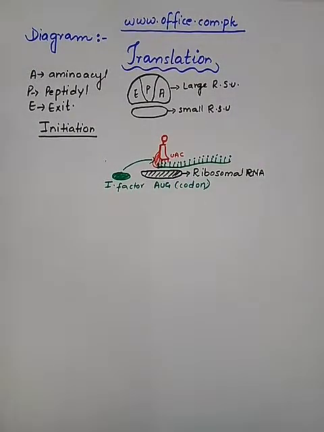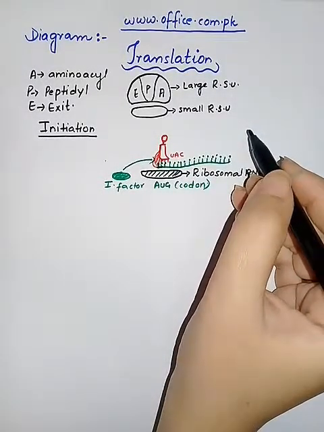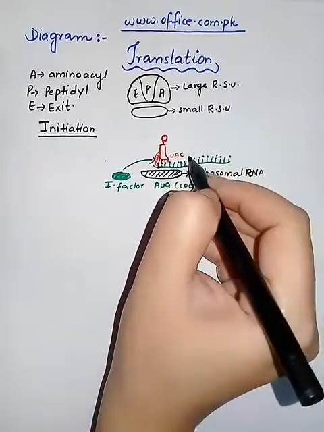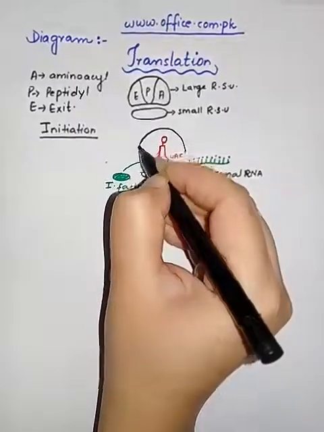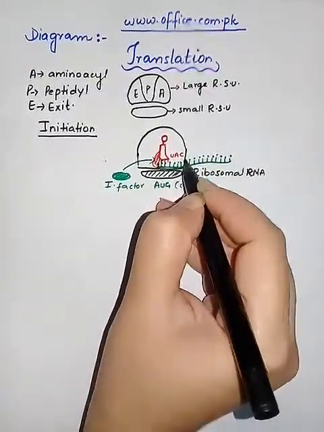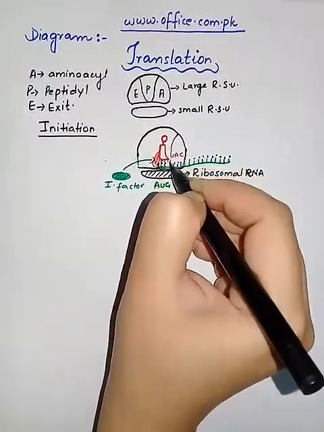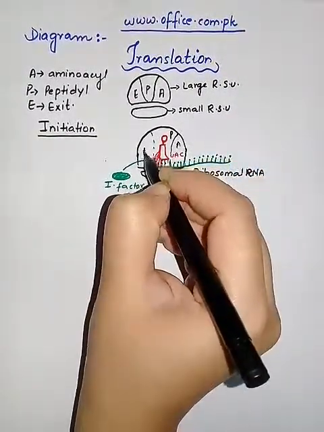Now in the next step, which is the elongation step, what will happen? The large ribosomal subunit will bind here, with its A site, P site, and E site.